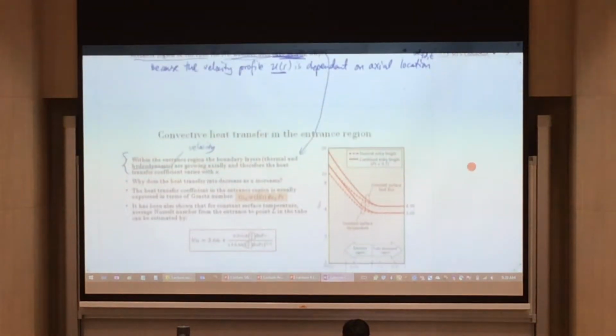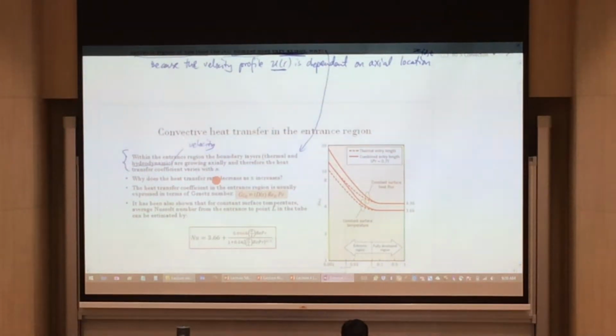So obviously your heat transfer rate will decrease because some heat would have already transferred upstream.